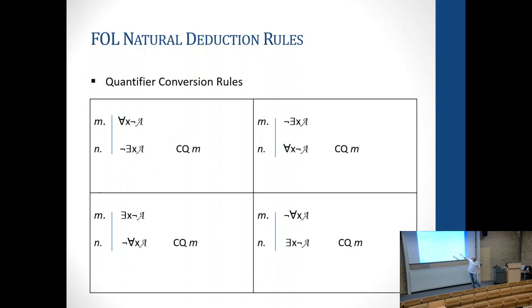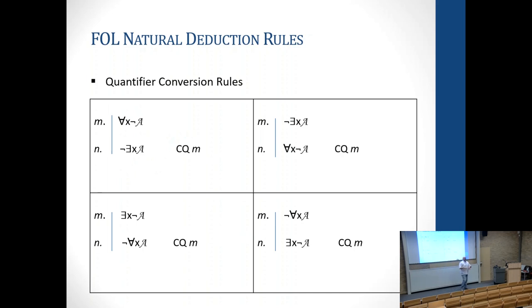So if you have a universal negation, you can apply CQ to give you a negated existential. And that's vice versa as well. And similarly, if you have an existential negation, you can switch them around and get a negated universal.